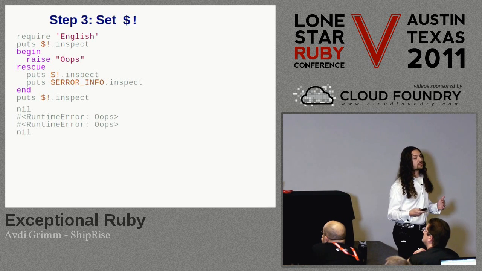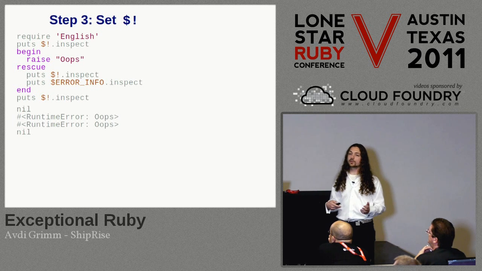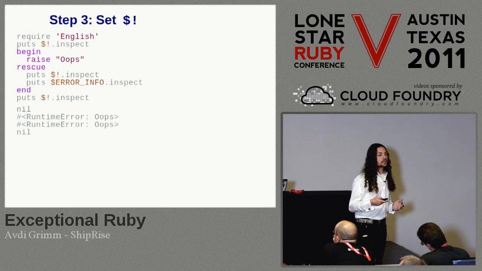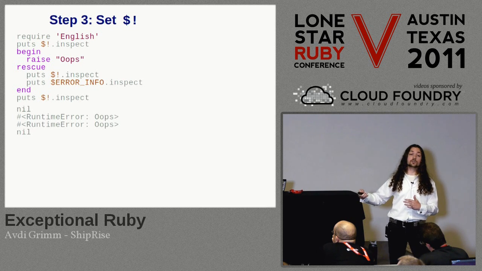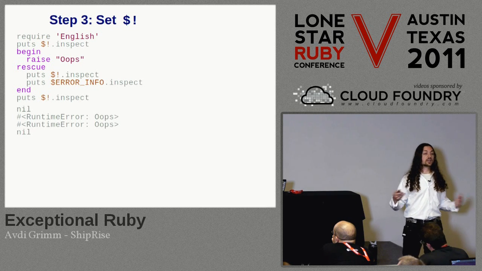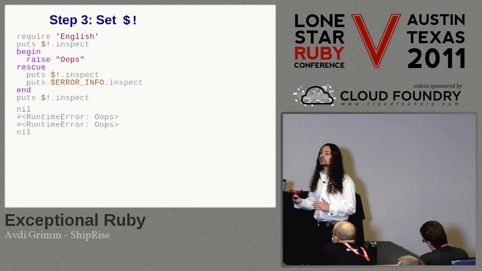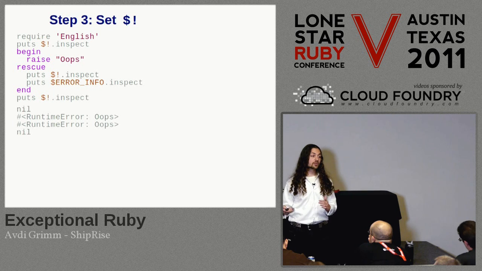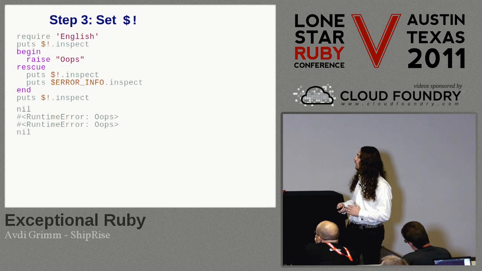If there's no exception being raised, it's going to be nil. You can see that in this code. Before the raise, it's nil. During the raise, it is set. And once the exception has been handled by the rescue clause, it is once again nil. And if you don't like the obscure $! syntax for the error info variable, you can require English, and you can refer to it as $ERROR_INFO.